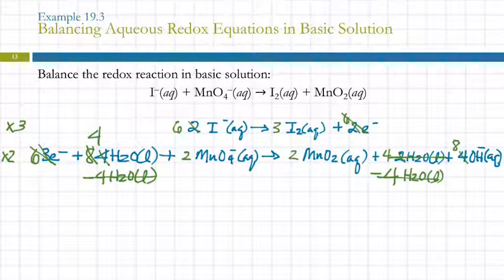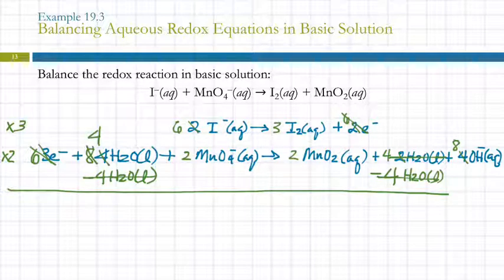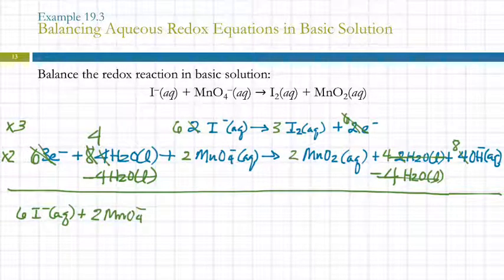Got the same number of electrons, we canceled those out, now we're going to add things together. So I have 6 iodide ions, and I have 2 permanganate ions, and I have 4 water molecules on the left side of the arrow.